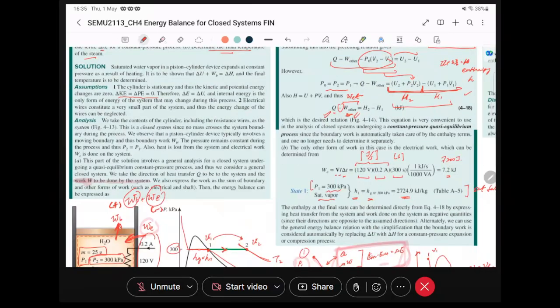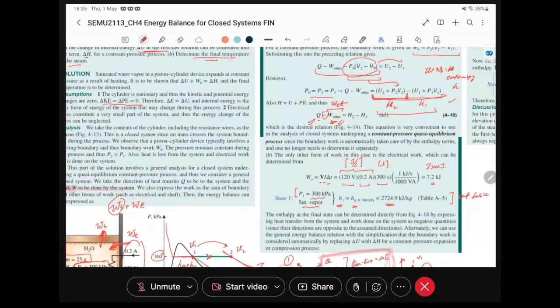So forget about the positive, negative. If the solution here is using that Q in minus Q out plus work in minus work out equal to delta E.